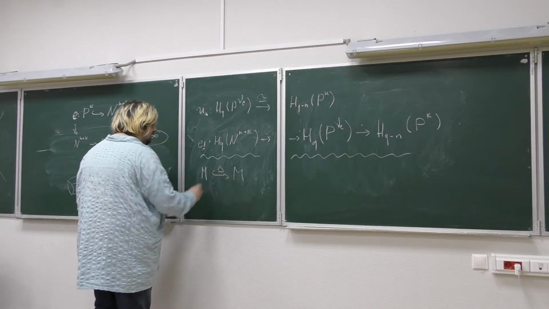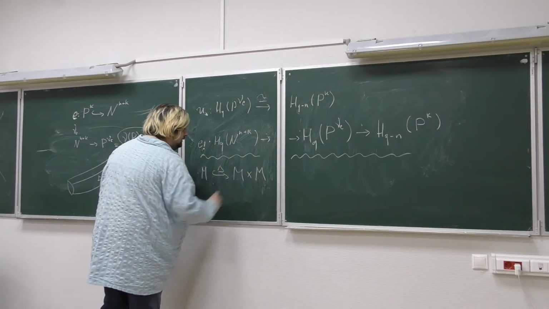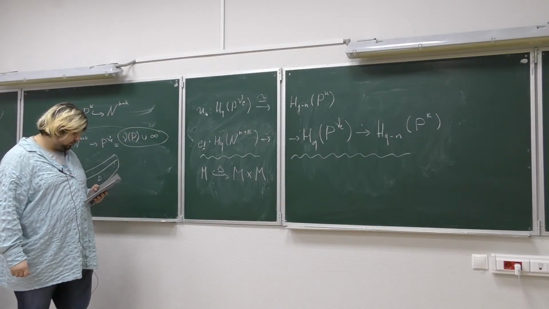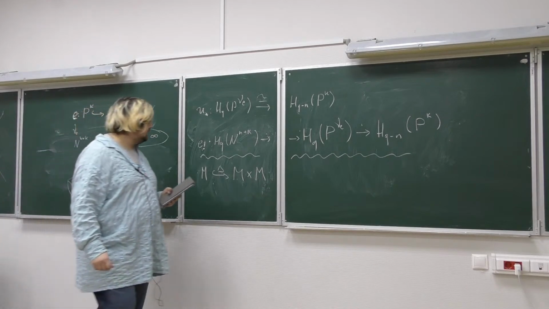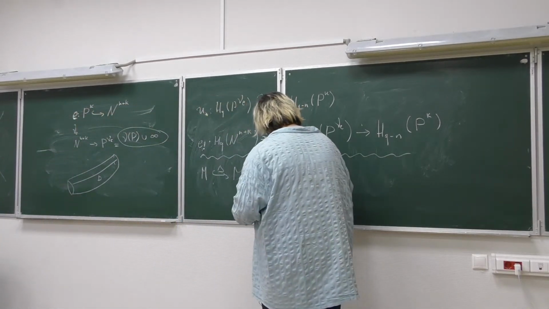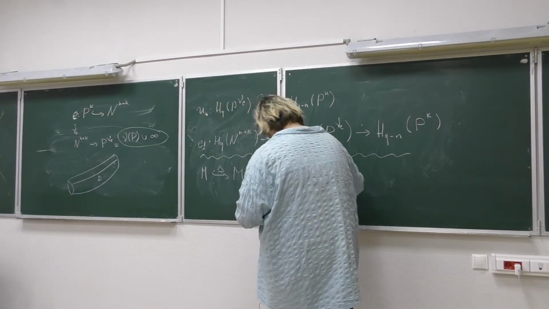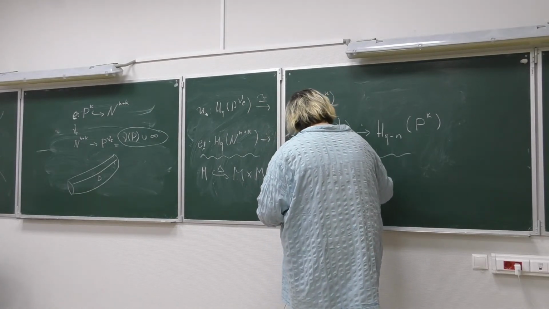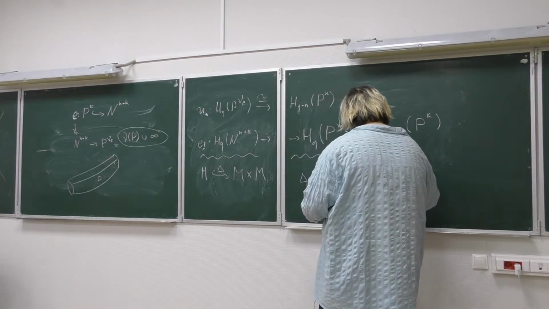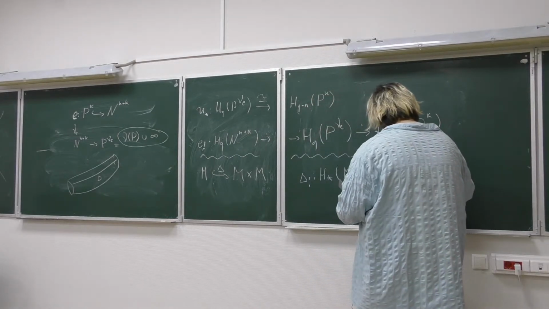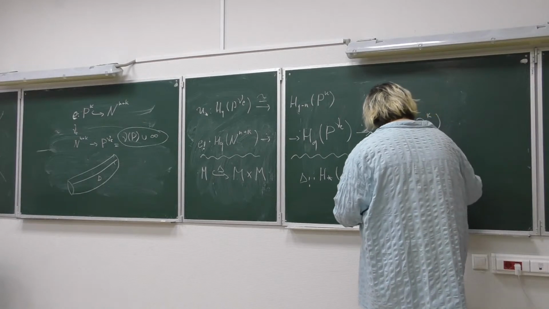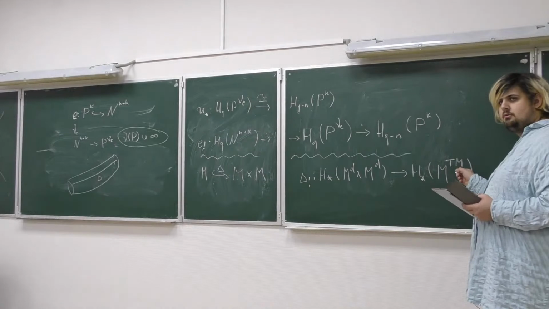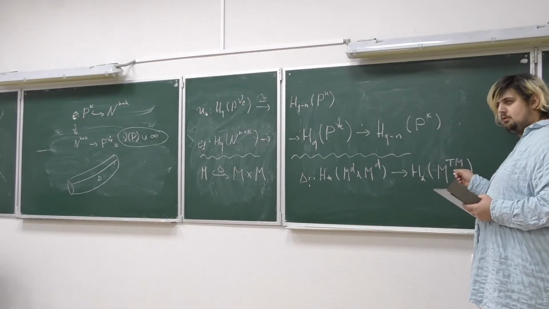We may consider a diagonal embedding of M into the square of M. And what we get here is an intersection product. Here I use the fact that the normal bundle to the diagonal is precisely the tangent bundle of the manifold.